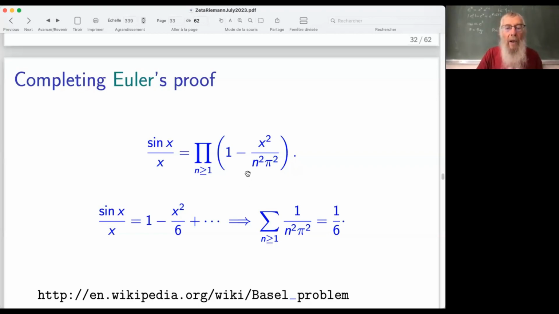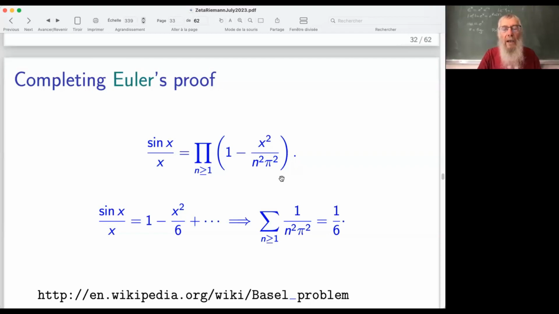And therefore, the first term in the expansion, the coefficient of x squared, is minus the sum of 1 over n squared pi squared, and it is minus 1 over 6, because this is the expansion of sin x over x. And so this gives a complete proof of the formula, provided that we take for granted this formula which is here.